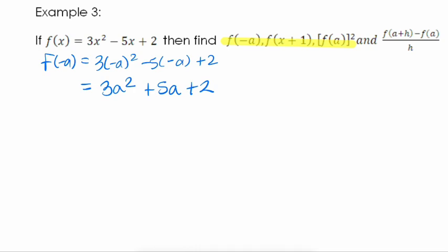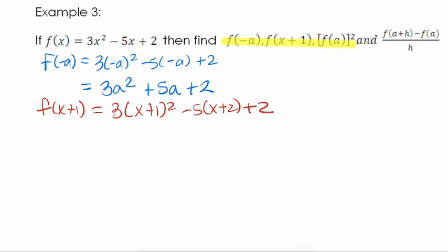Now, one that's a little more difficult is f of x + 1. When we take out the x and put in x + 1, parentheses, parentheses, parentheses, you have to remember that x + 1 squared is x + 1 times x + 1.